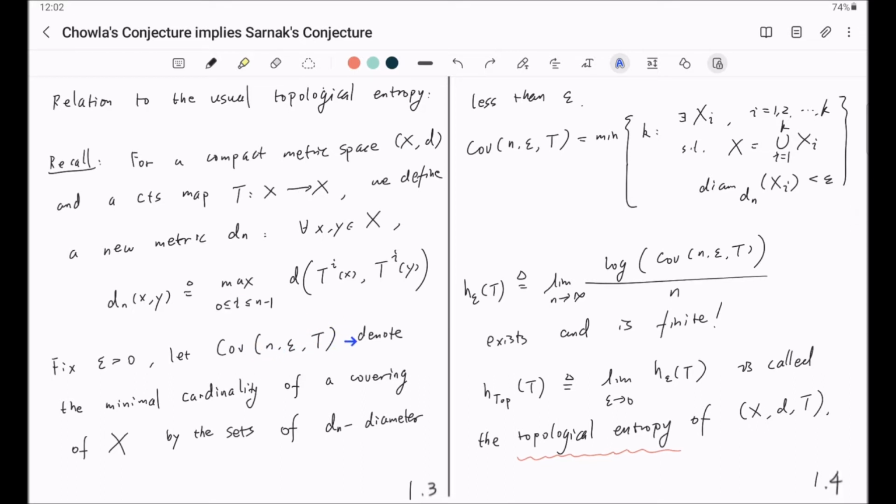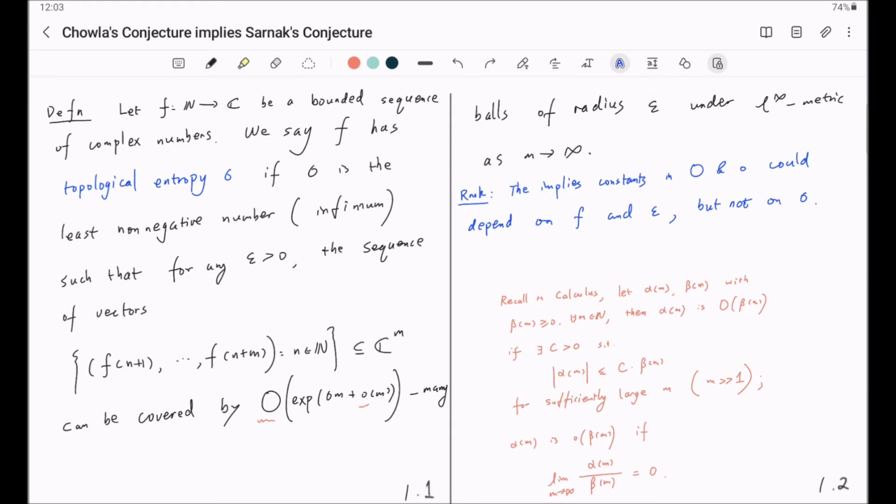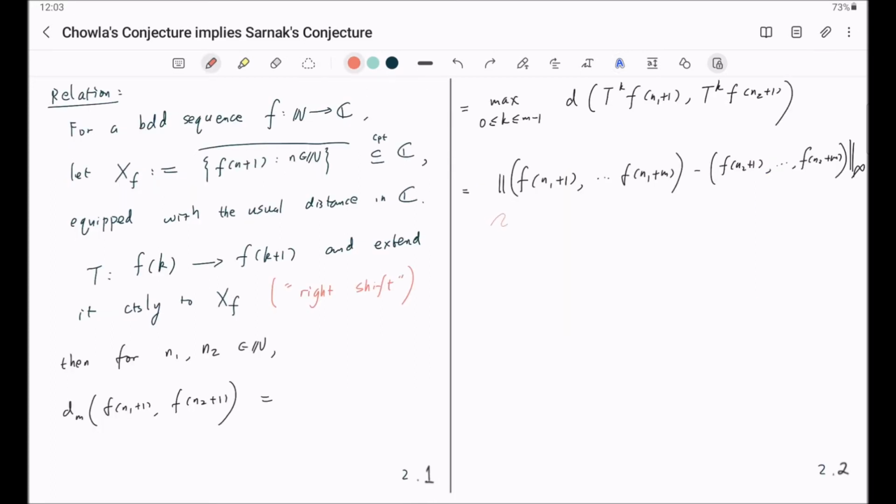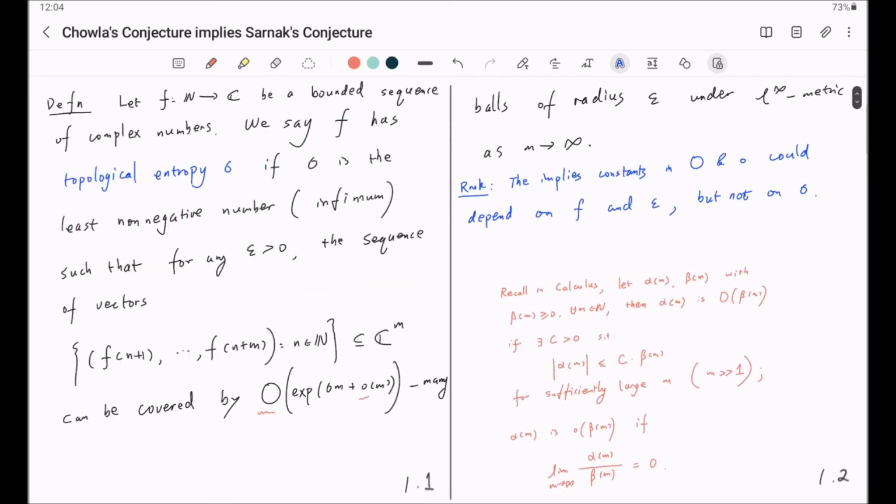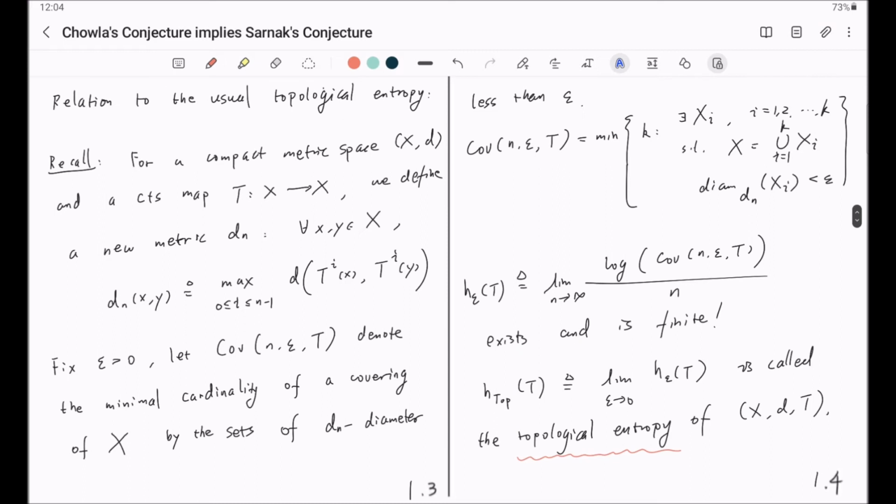Note that for this definition, we are using the diameters. But for the definition of the topological entropy of sequences, we are using the radius. But this doesn't matter, because radius epsilon just corresponds to diameter. And this difference does not matter, because in the end, for this definition we are considering any epsilon greater than 0, and for the other definition, in the end, we are taking epsilon goes to 0.